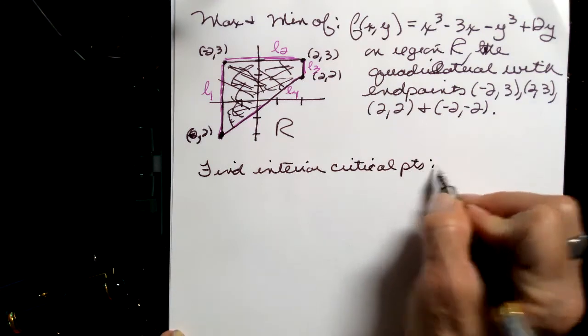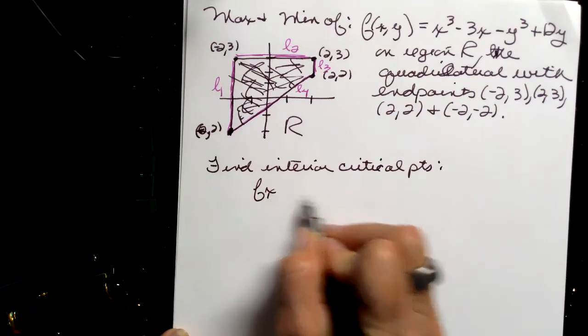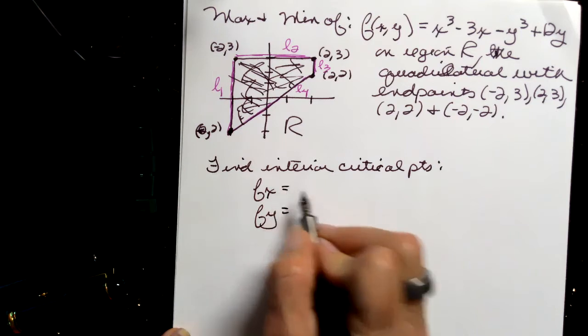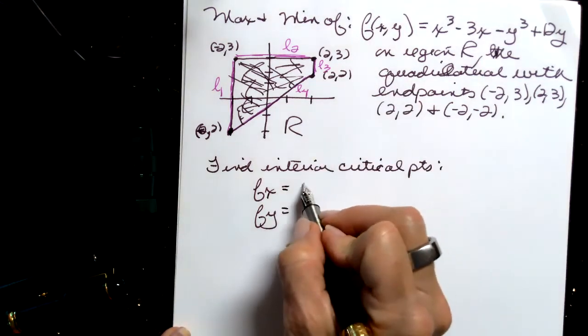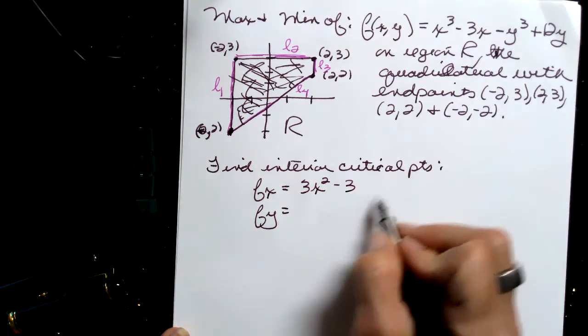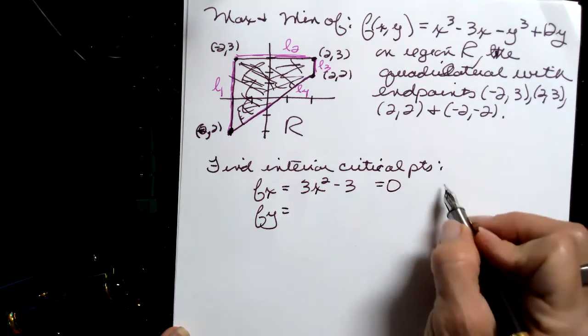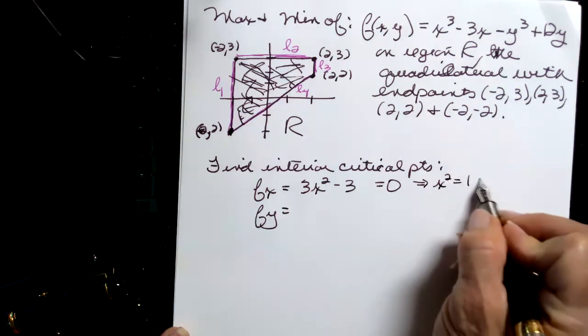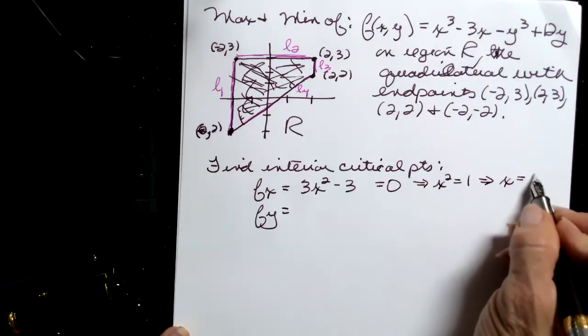Okay, so to do that, we take f sub x and f sub y and set them both equal to 0. So f sub x is going to be 3x squared minus 3. And when I set that equal to 0, I get x squared equals 1, which tells me that x is equal to plus or minus 1.